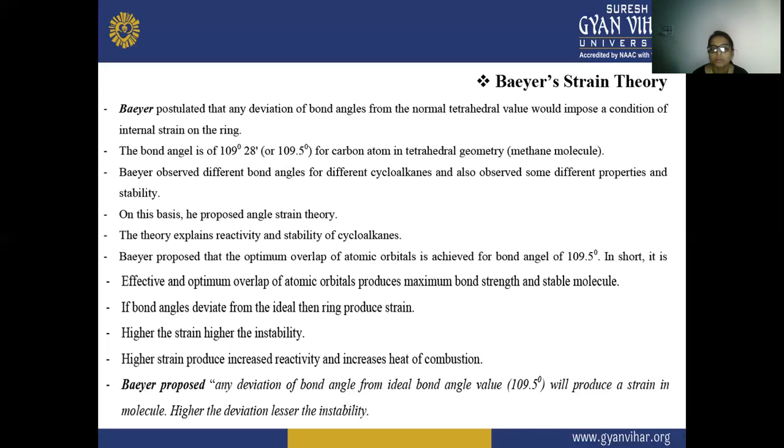So on different cycloalkanes, here cyclopropane, cyclobutane, cyclohexane, he observed that there are different bond angles, and if their bond angles are different, then their properties and stability are also different.